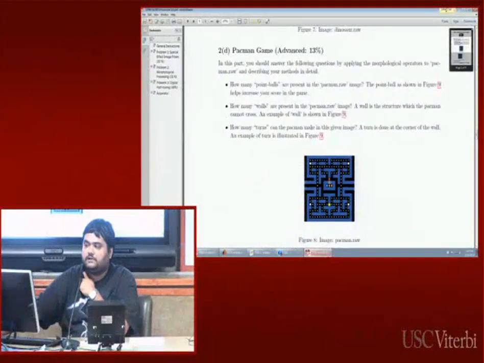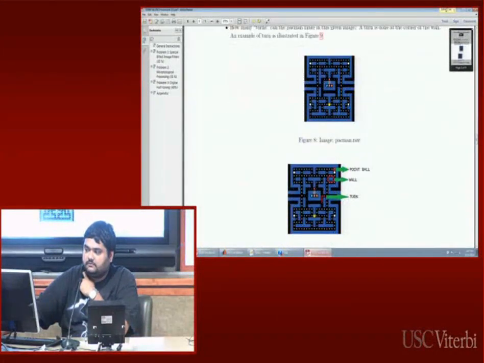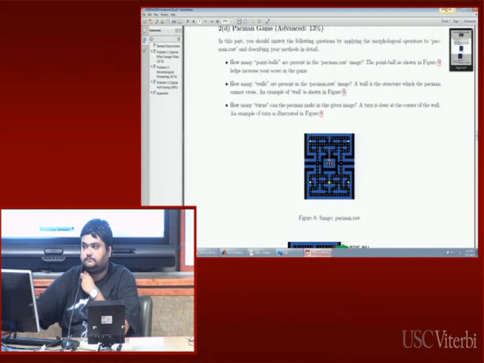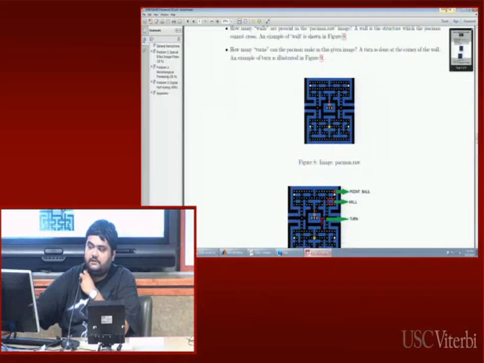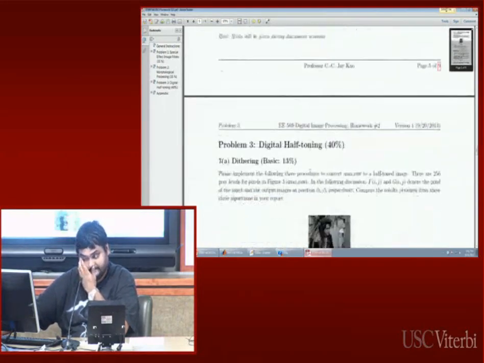So the point balls are these smaller ones, okay? The larger one is not the point ball. So you have to distinguish between the two. So you cannot count the larger one. Is that clear? Okay.